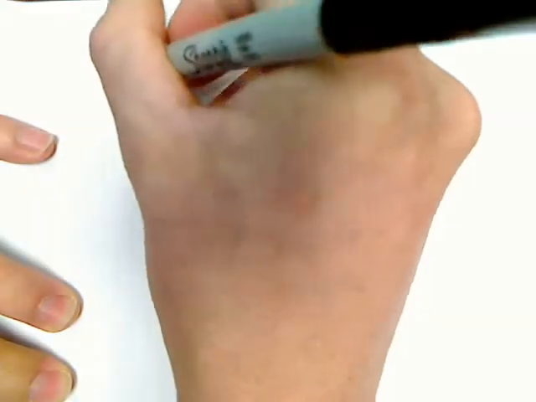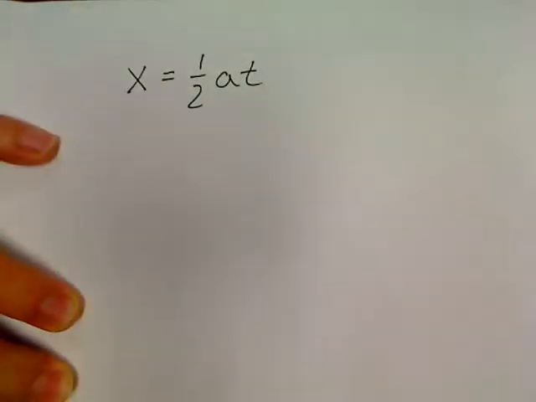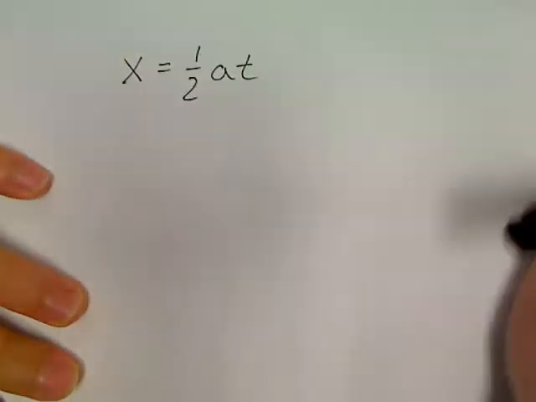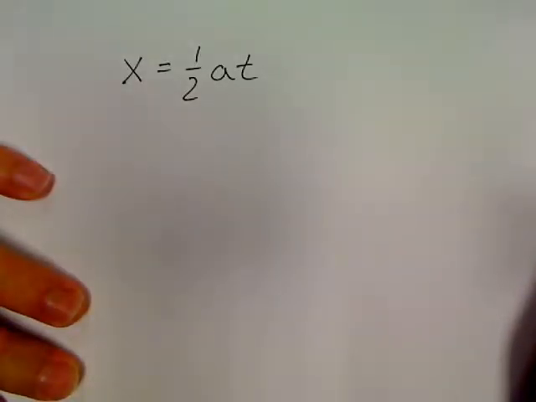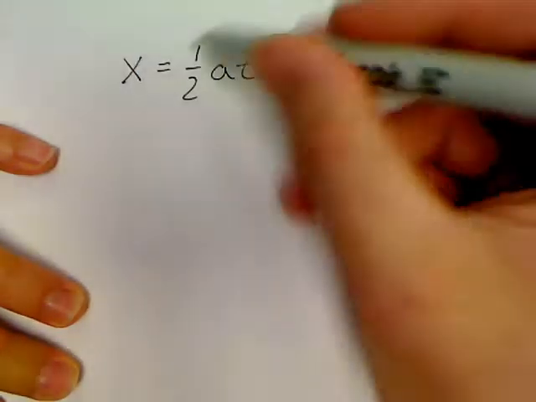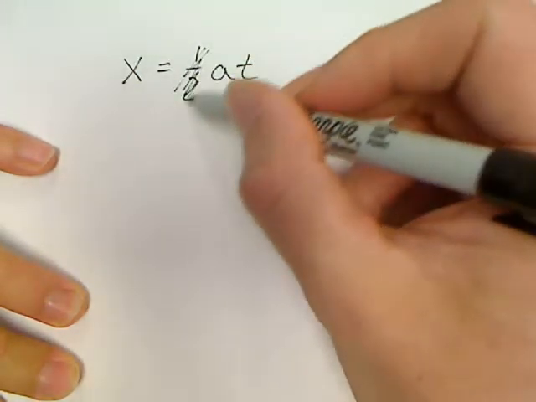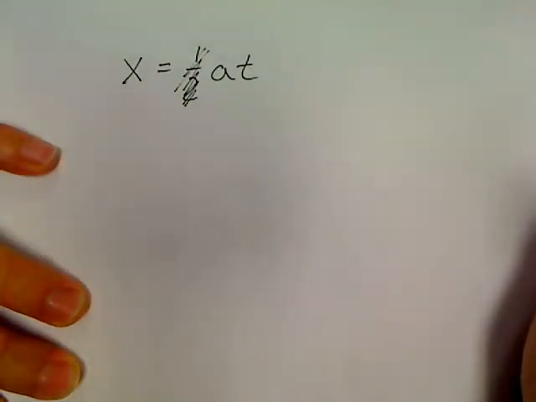So let's do a few more examples of stuff with this dimensional analysis. I might even take a look at some of the problems I ask you to work for homework. So how about this? What if I gave you x equals 1/2 at? Is this a dimensionally valid equation for what we have in physics? First of all, the 1/2 we can get rid of, it's going to have nothing to do with our dimensions in this equation.